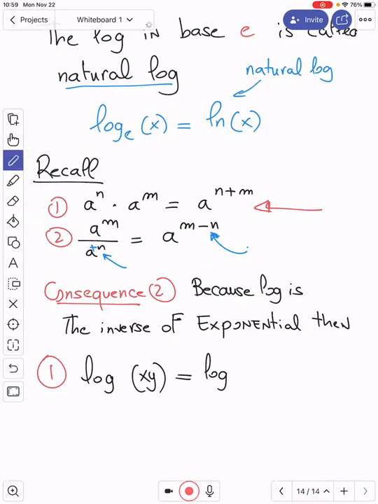So log in base a of x times y is log in base a of x plus log in base a of y.